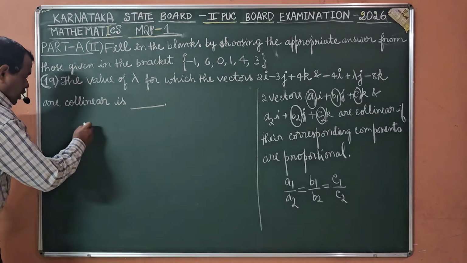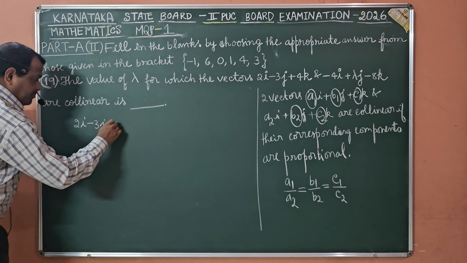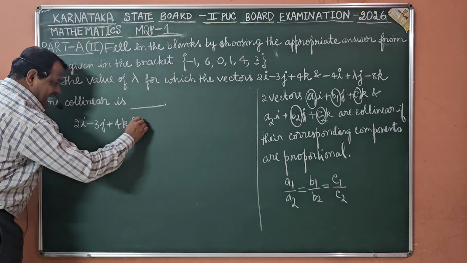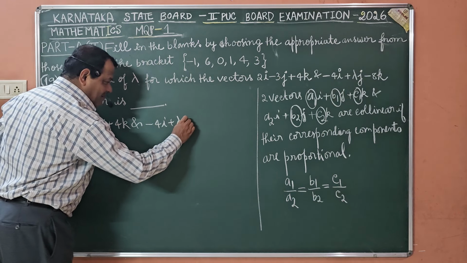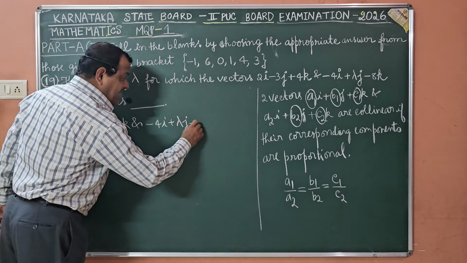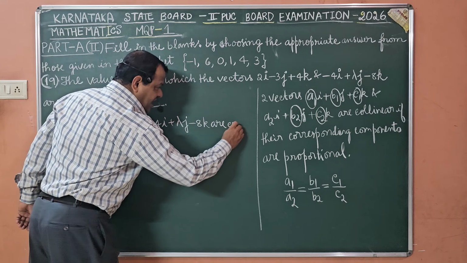Therefore here 2i minus 3j plus 4k and minus 4i plus lambda j minus 8k are collinear.